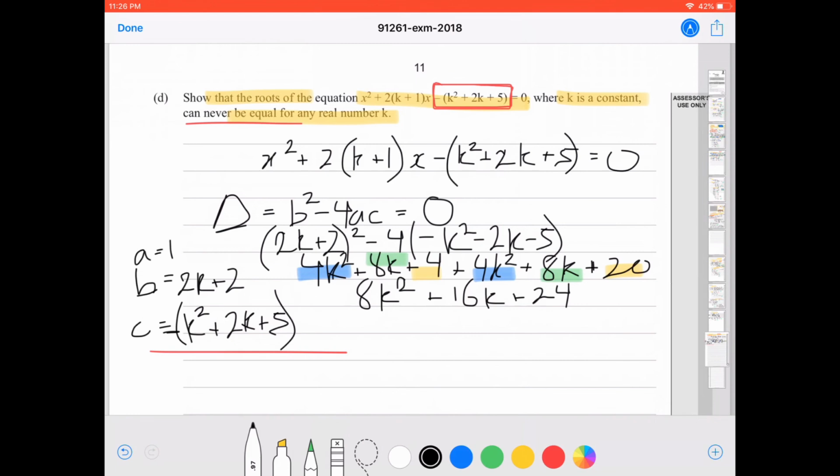Now, we've only really addressed the first part, can never be equal. But the second part is any real number k, and we just said we don't actually know what k equals.